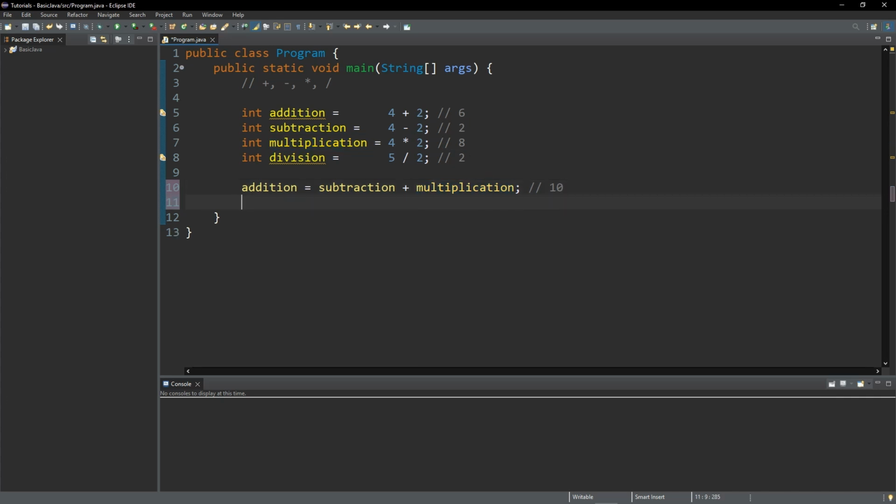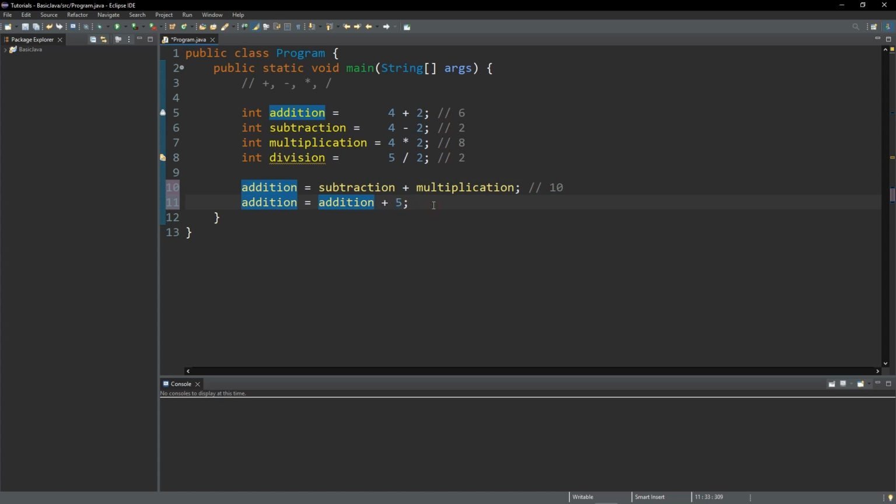You can also do something like this. Addition equals addition plus 5. What's this going to equal? Well, we're setting addition equal to itself, which is 10 at the moment. It's not 6, it is 10 because we reset it here. Then we add 5.